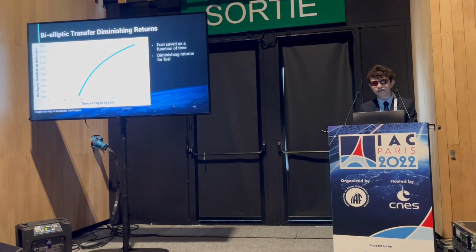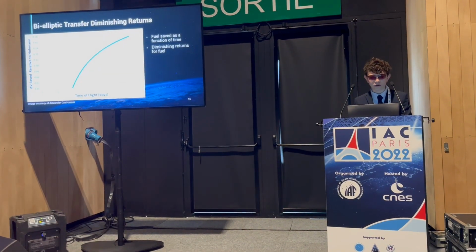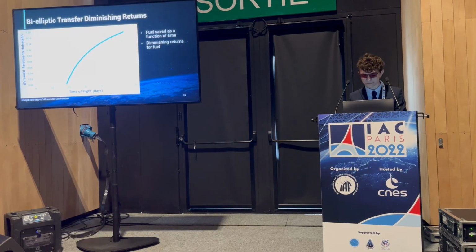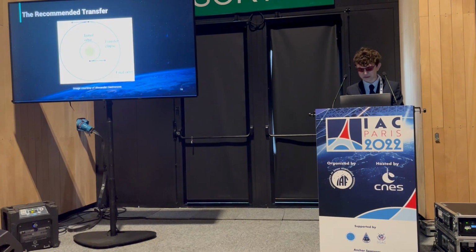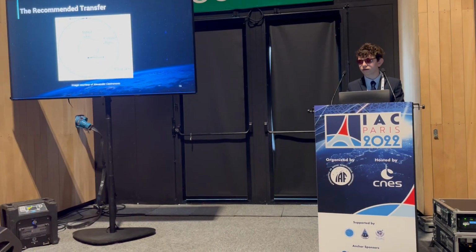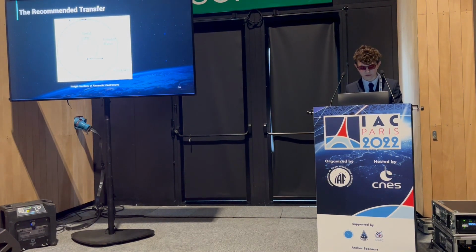We can see that even the shortest transfer, which saves no fuel, still takes about 18 or 19 days, which is out of our mission time frame. Because of this, and because the faster than Hohmann transfer is not needed in this scenario, the recommended transfer in this scenario is the Hohmann transfer.